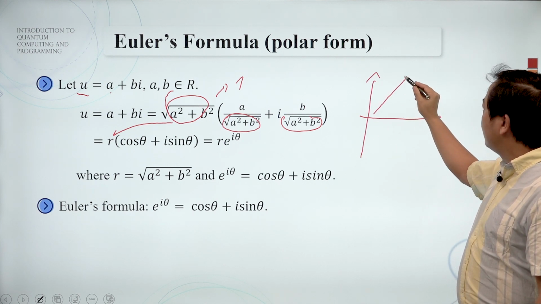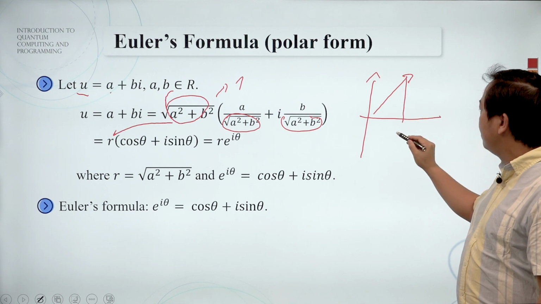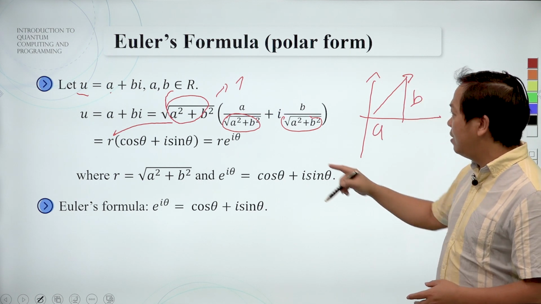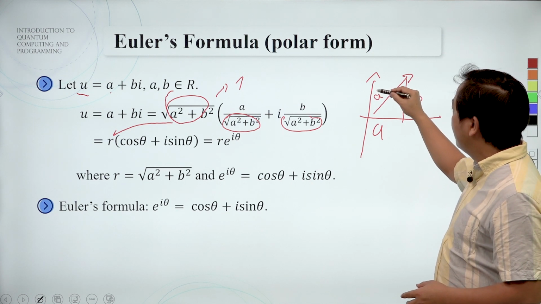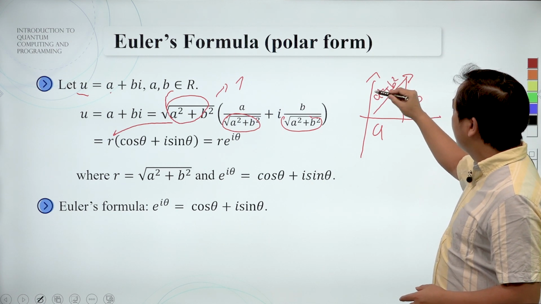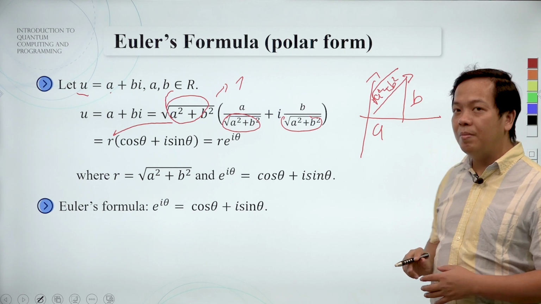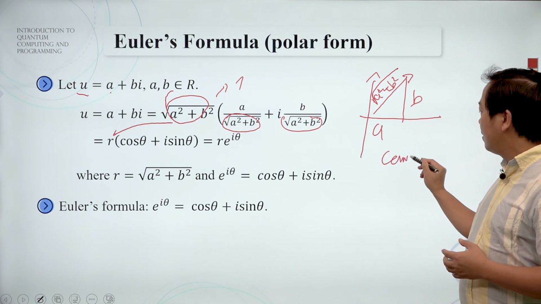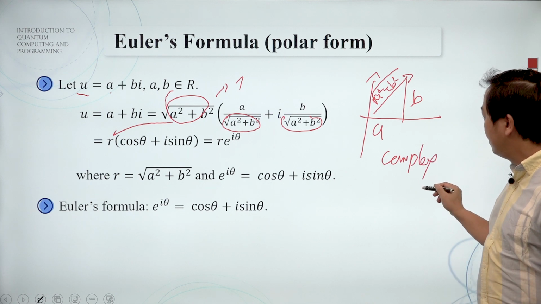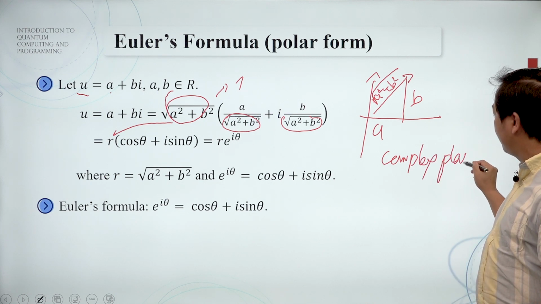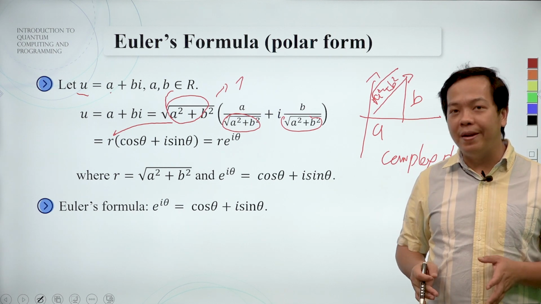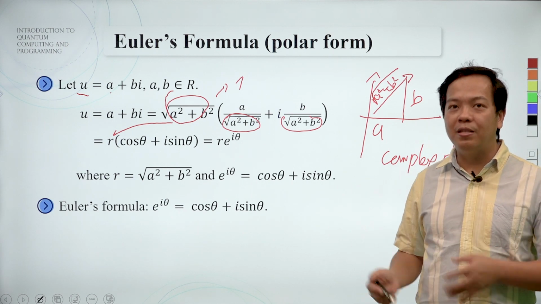This one is a. Remember, we have a, b. So this is a, b, and this one is a. Remember, this is called the complex plane. In the second lesson we already mentioned the complex plane.